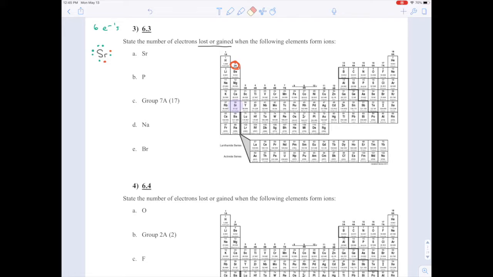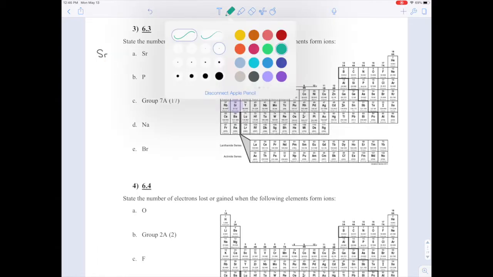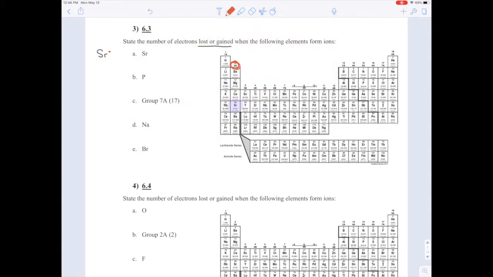So strontium can get all of its electrons paired, either by gaining 6 electrons or just by losing the 2 that it started with. And so it's easier to lose those 2 electrons, and that's what strontium does. So strontium loses 2 electrons.